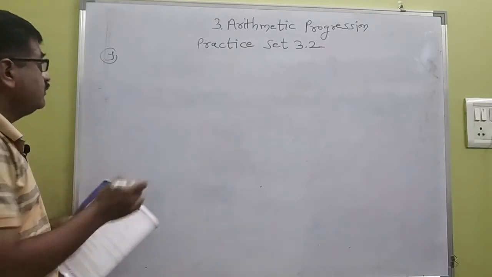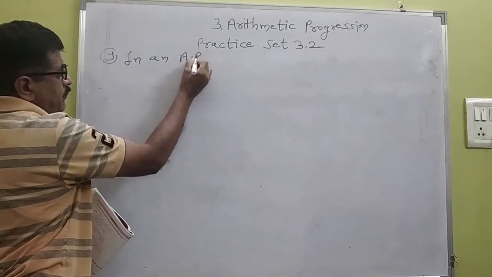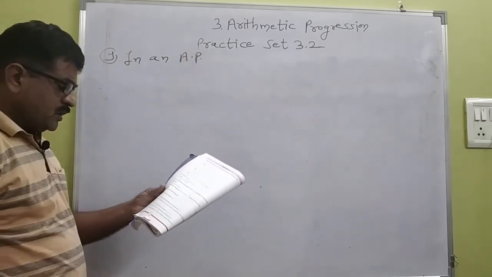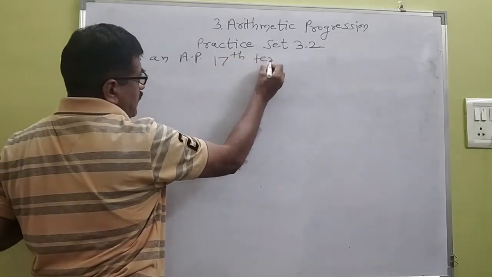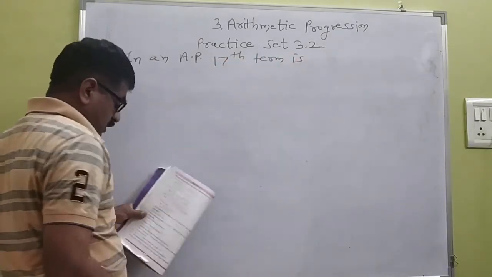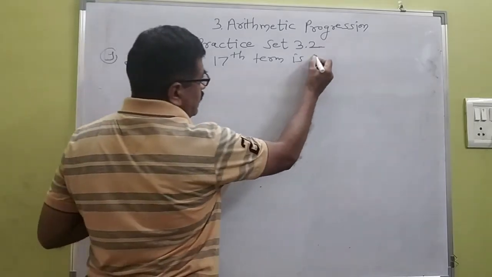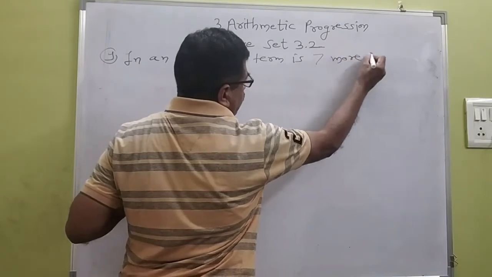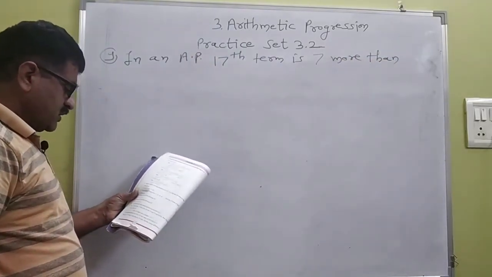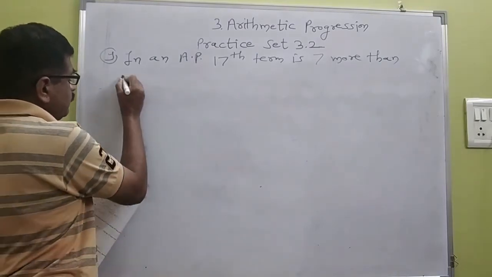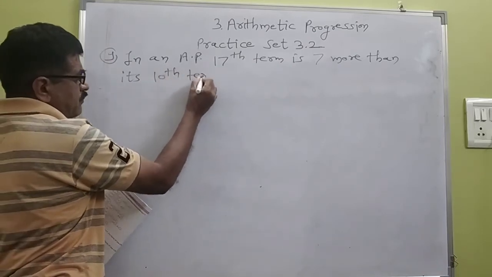In an AP, the 17th term is 7 more than its 10th term.